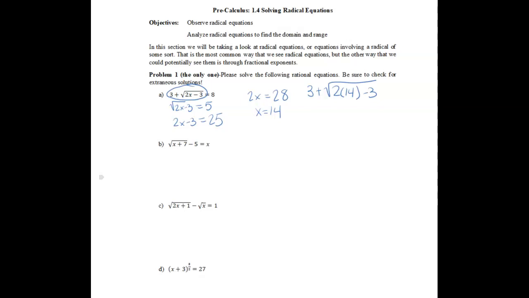And I want to get 8, but if I don't, that means that we got an extraneous solution. So we have 3 plus the square root of 28 minus 3, 3 plus the square root of 25, which should be 5. So huzzah, we get 8, so 14 works. Hakuna Matata, no worries.